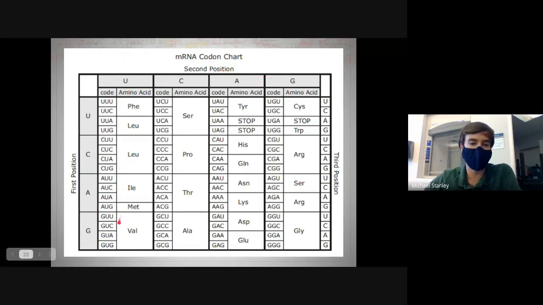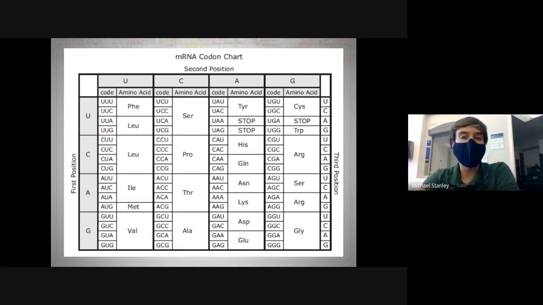So we know that we're going to be looking somewhere in here. And then G, third position, is the one down at the bottom. And in this case, AUG gives us Met, or methionine. So just by reading the first letter, second letter, third letter of the codon, we can figure out exactly which amino acid it's going to give us.